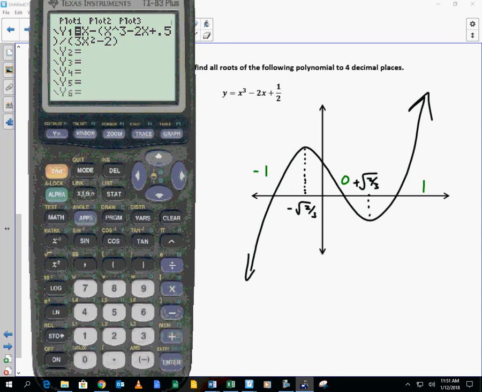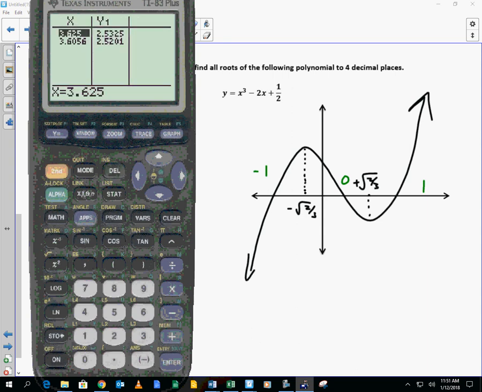And I go to my table, and what do we want our first guess to be? -1. You see it kind of jumping around right now, and you're not real confident of what it's going to do. It's doing that graph thing that we were doing on the other problems. Let's see when it finally kind of hones in on one value. -1.896.